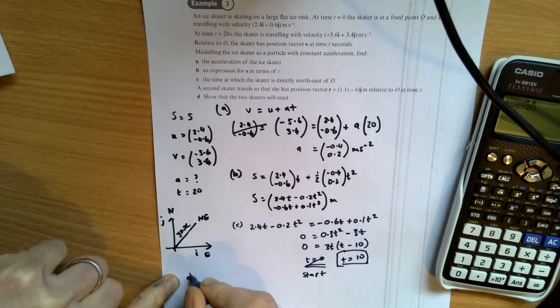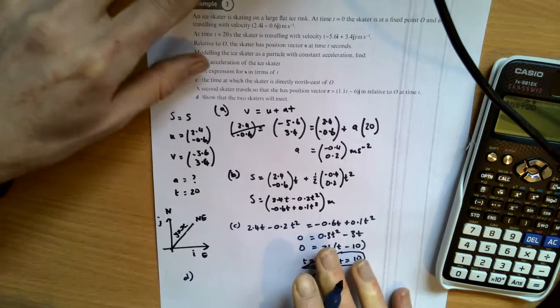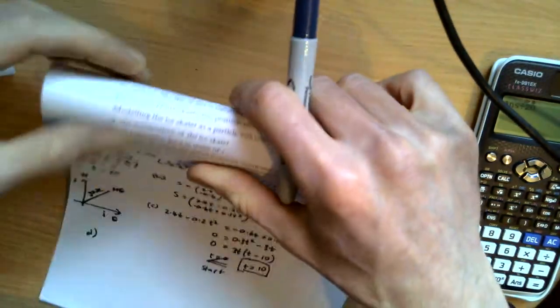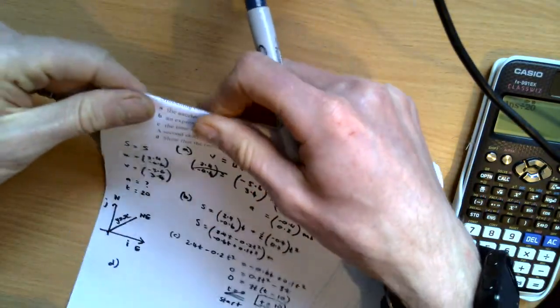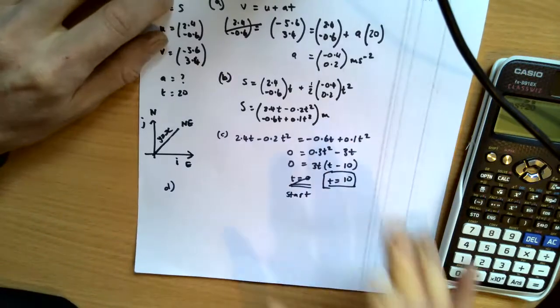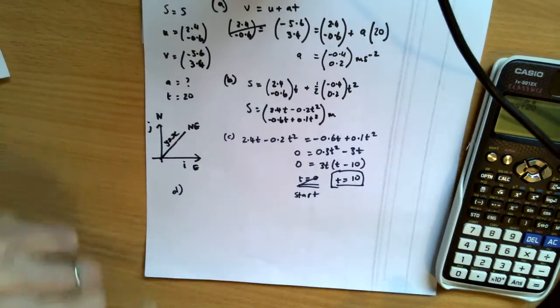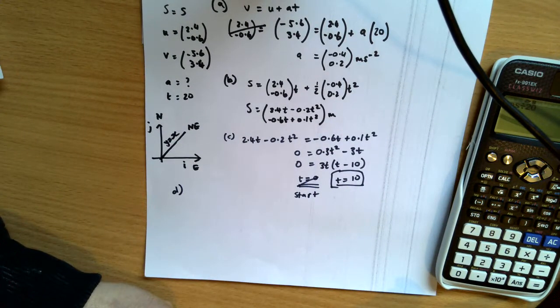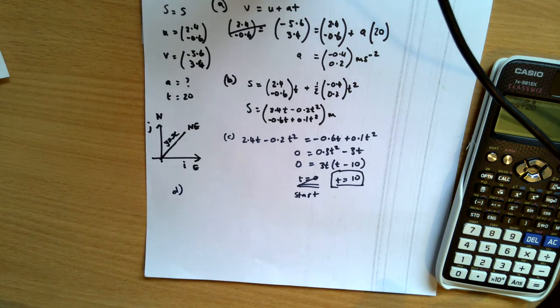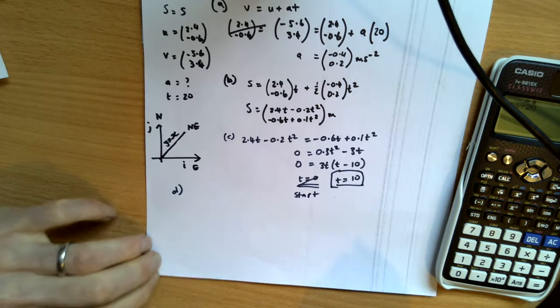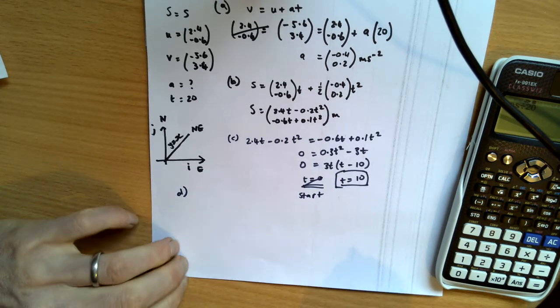Okay, moving on to the final part. Let's move this up so you can see it. Part D, the second skater travels so that she has a position of 1.1t minus 6.